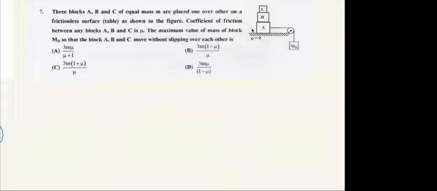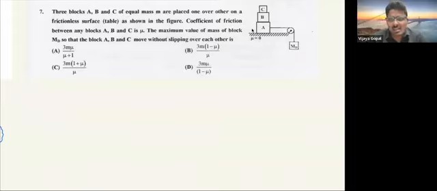Greater than 0. Any mass, it will just slide, the reason being that the friction value here is 0. So any mass, it will just accelerate.